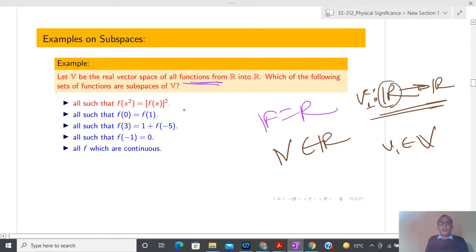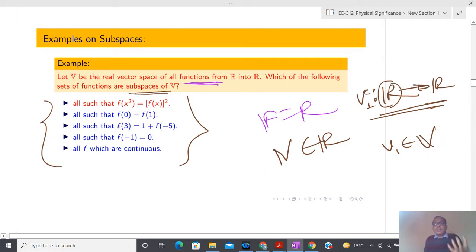Now I have defined some kind of expression, and I am going to check whether that particular expression forms a subspace or not. I have f(x) squared equal to f(0), f(1), f(3), 1 plus f(-5), and I am going to show you that all the operations I have defined here hold.